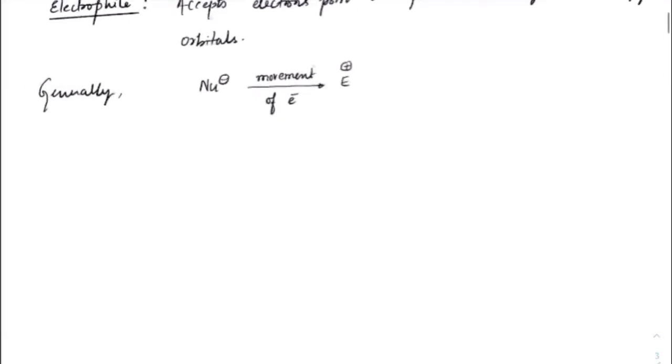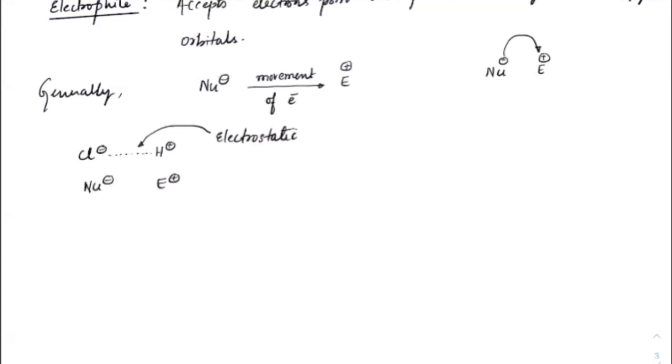Whenever we have an electrophile and a nucleophile, this is the arrow by which we show that electrons are moving from the nucleophile to the electrophile. Now, if you have a nucleophile like Cl minus and an H plus, here I can directly represent it with a dotted line showing that they already have some kind of a force of attraction, which is electrostatic, because the electrophile is completely positively charged and the nucleophile is completely negatively charged.